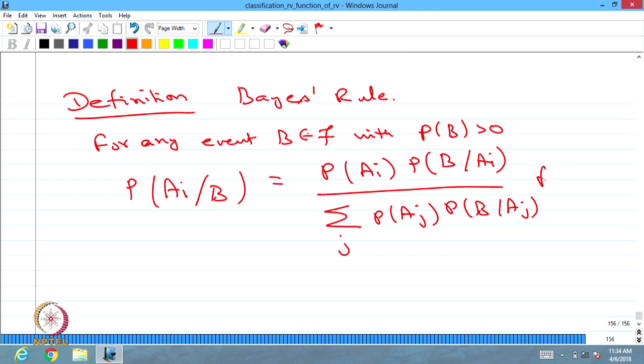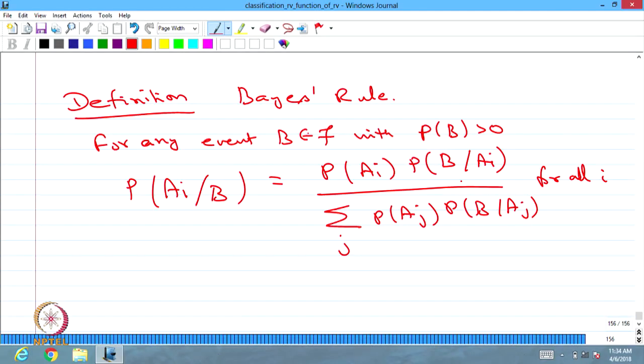This is valid for all i, because we have already defined the Ai's as the partition events of omega. So you can find the conditional probability of Ai given B provided the probability of B is greater than 0. The numerator is the probability of Ai multiplied by the probability of B given Ai, whereas the denominator is all possible values of the same thing in the numerator. Therefore, this ratio is going to be the probability of Ai given B.